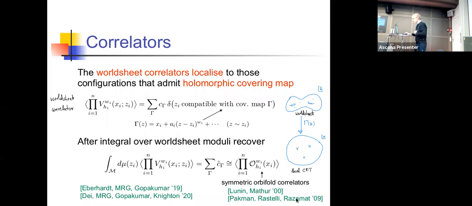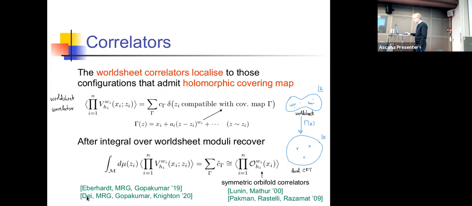But what Pakman, Rastelli, and Razamat observed was that the most natural interpretation of this is if the covering surface is to be identified with the worldsheet, because the 1/n structure of these correlation functions is exactly captured by the genus of this putative covering surface that appears in the construction of Lunin and Mathur. So this suggests that you want to think of this as the worldsheet, and what this would suggest is that your worldsheet correlation function should somehow localize to those configurations where you have this covering map to map you down to the space-time correlator that you are trying to work out.